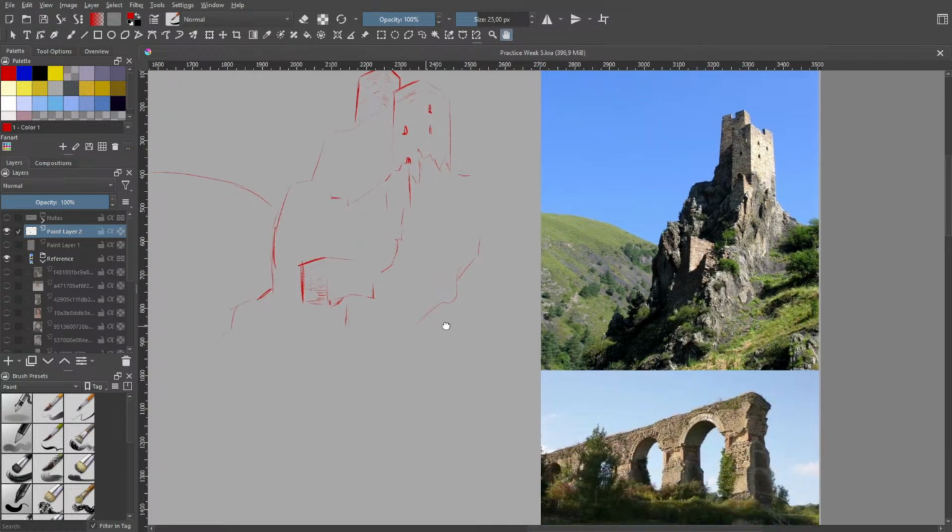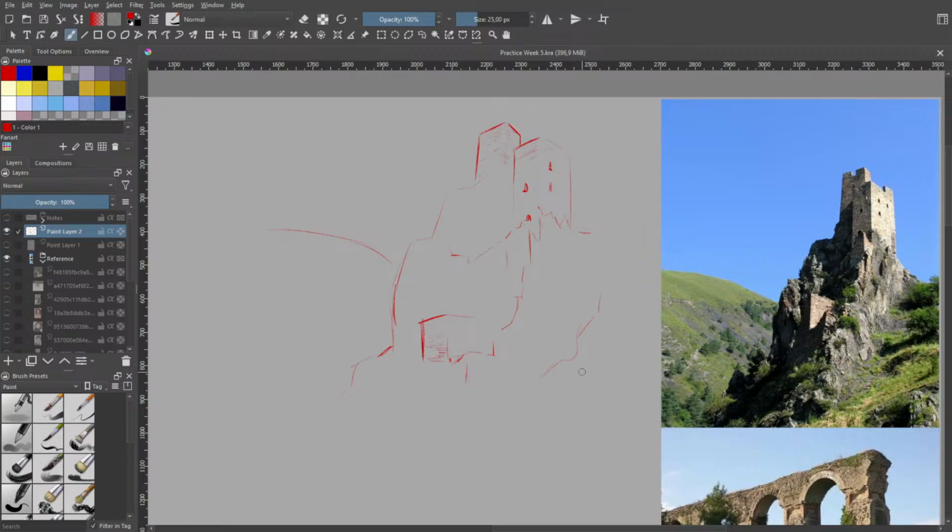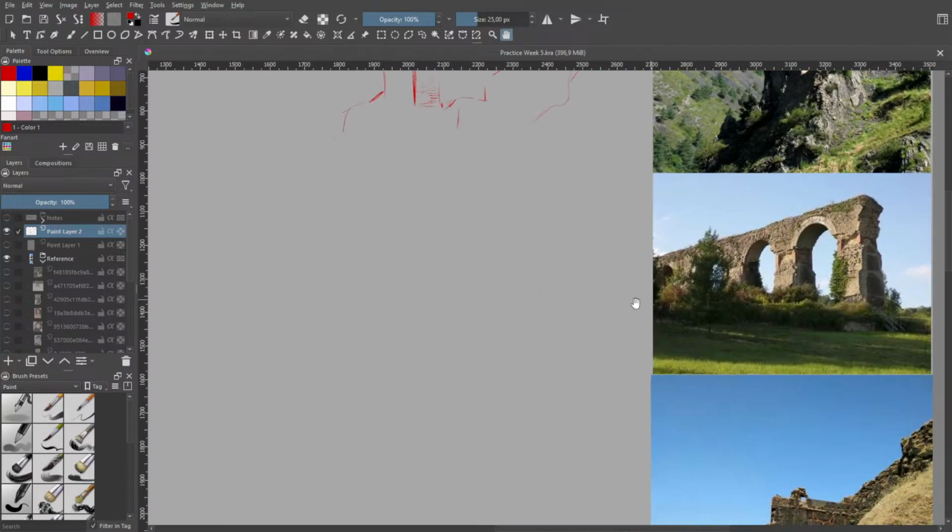I don't know. How do you start out with this? Should I do more construction? Like lay down a grid of sorts? I don't even know. Perspective grid? Can I even do that? I don't know. What even is this? This is terrible.